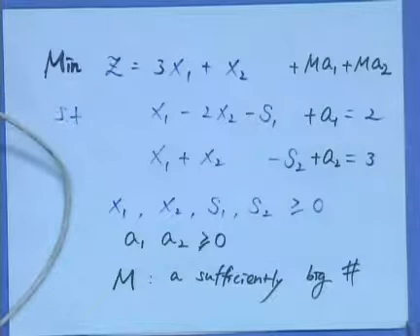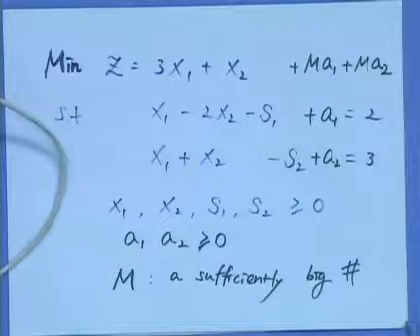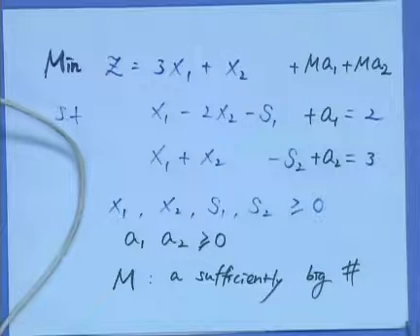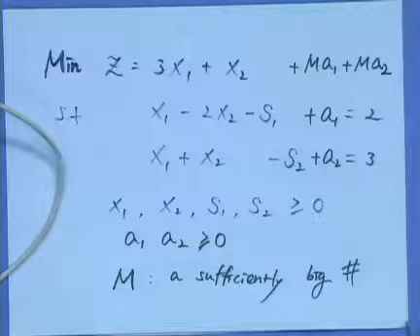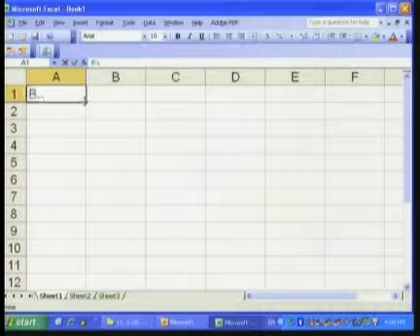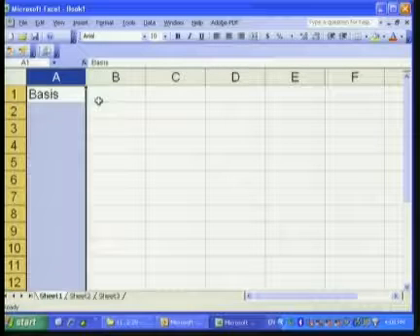Okay? And now I'm going to use an Excel spreadsheet like we did last time. Okay, first of all, let me construct the initial tableau based on what you've done so far. So the first column is the basic variables.